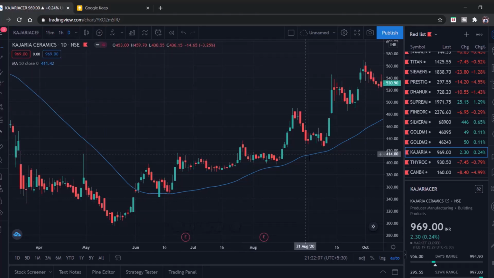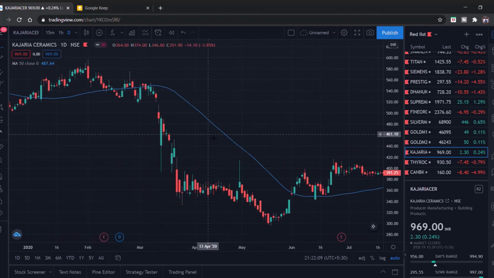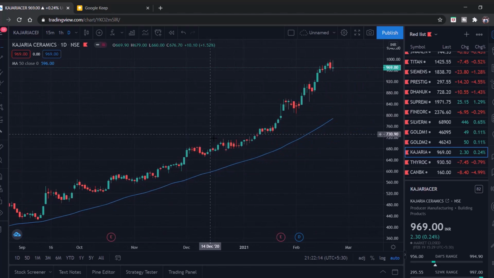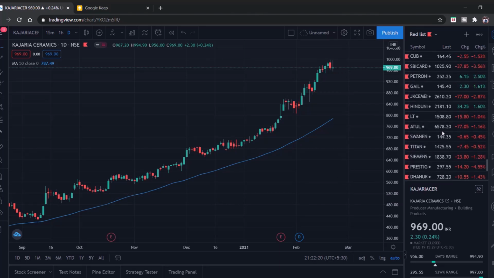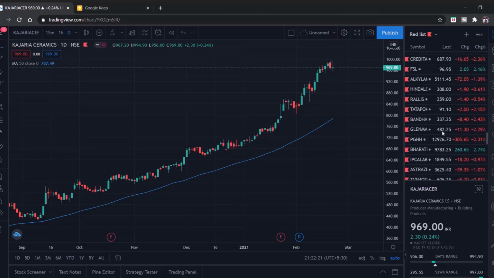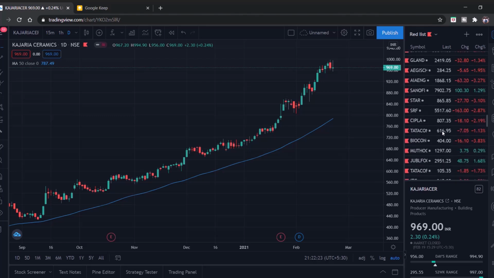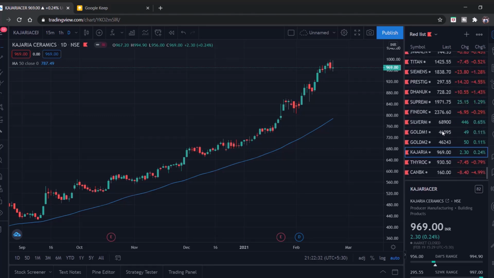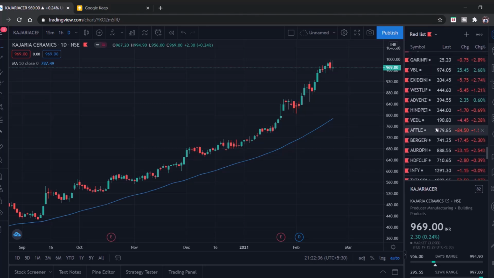Now, this is a stock I've selected just as an example of how this strategy works. To show you this can work on any stock in any market condition, I will spin my watch list of over 100 stocks and randomly pick a stock and try the same strategy for 2 years. Okay, so Affle.